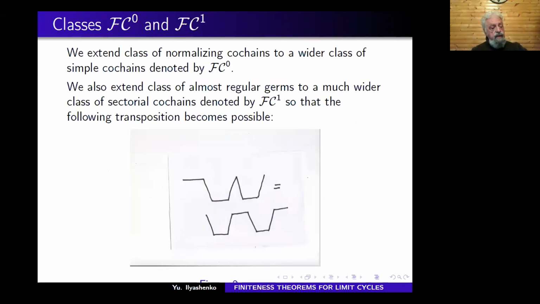Now, we want to extend the normalizing cochains. I said already when I commented on the characteristic of the composition that we want to make some transpositions.